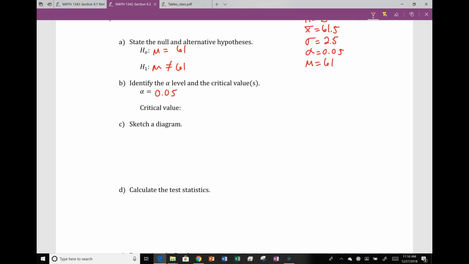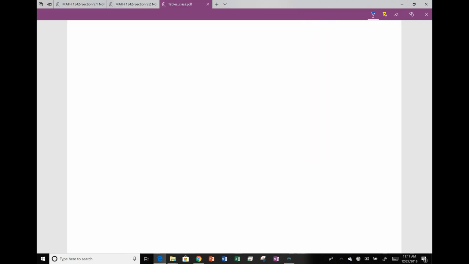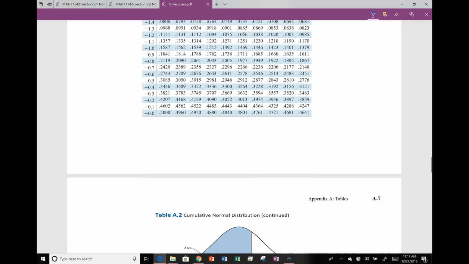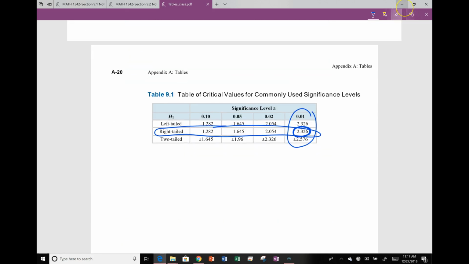Now, when I start to sketch the diagram of this, it's a two-tailed test, and I don't put the entire 0.05 in there. I put 0.05 divided by 2 in there. This was a z, so I'm going to scroll down to that table that we can use with the z, which is this one, and I'll erase what I have up here.